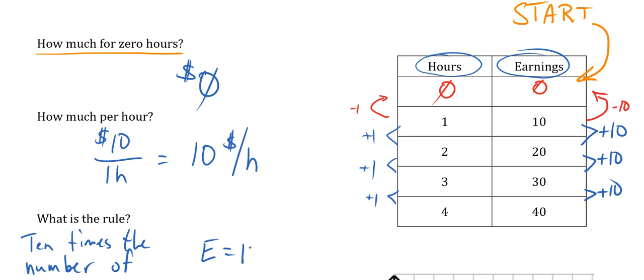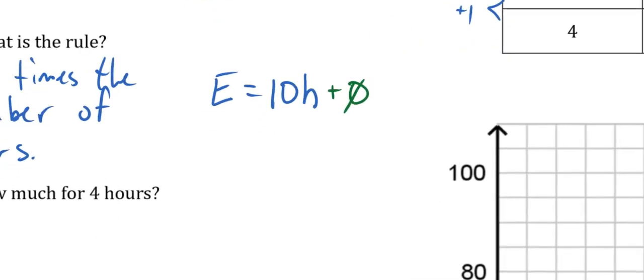So it's $10 per hour. And then you don't have to write this part, but it is plus 0, right? Because it's where it starts. Remember this rule? Where does it start? Is the number by itself. What's the change is a number that's multiplied by the variable, H in this case.